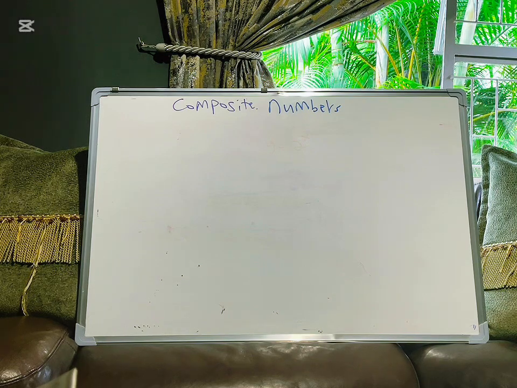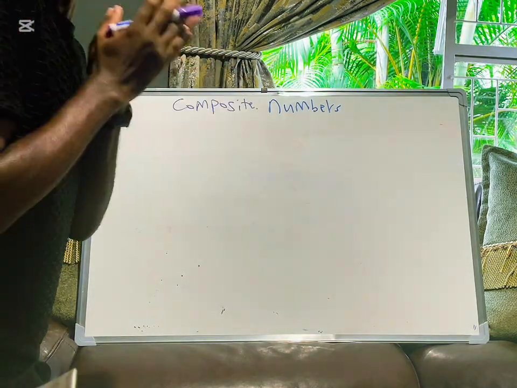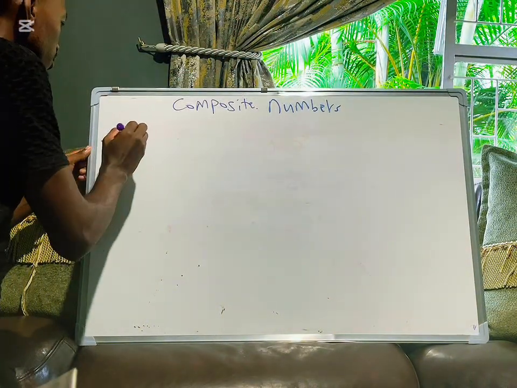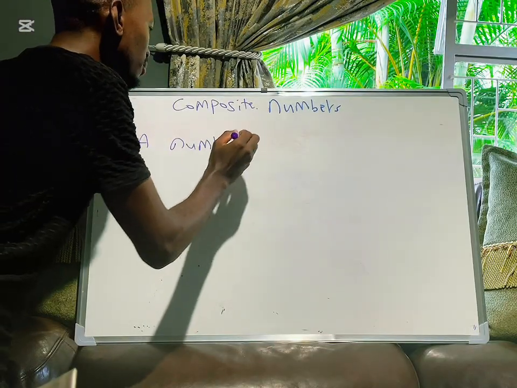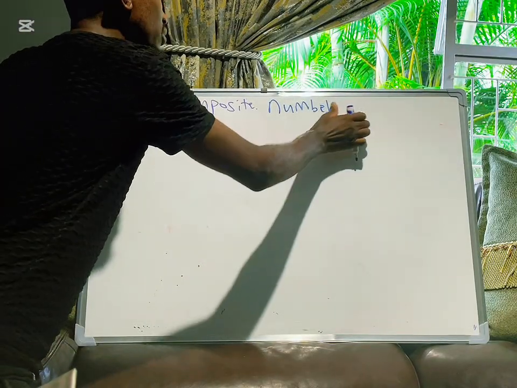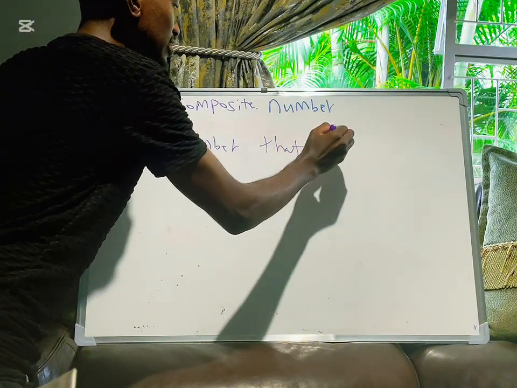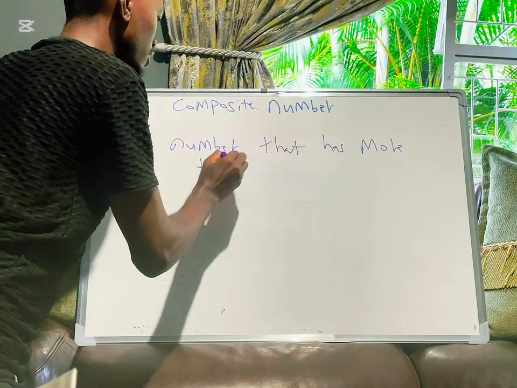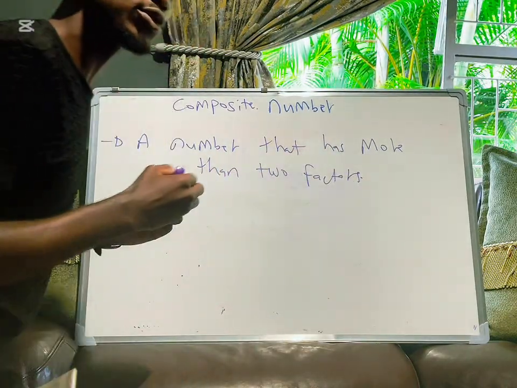We say that a composite number is a number that has more than 2 factors.